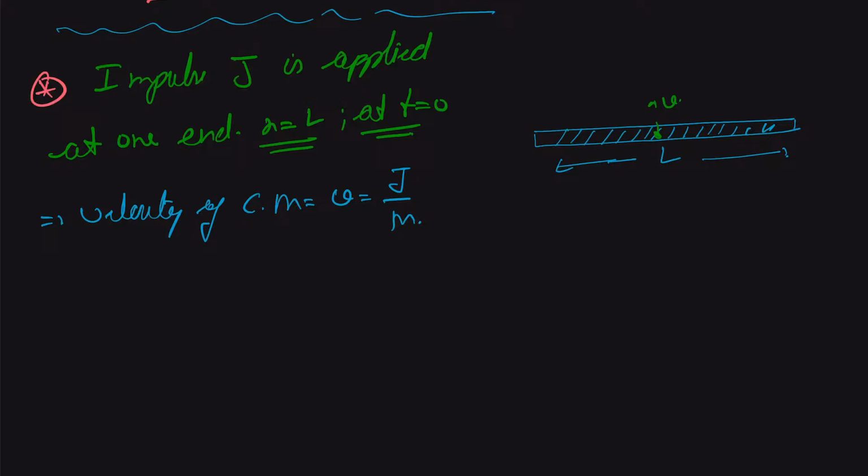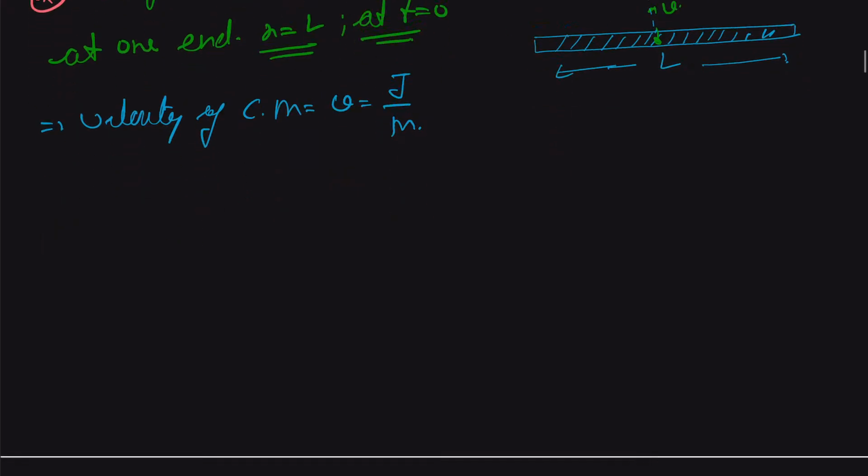And we also know that this center of mass is going to behave like a projectile. We discussed this in the first part. Therefore, our center of mass undergoes projectile motion.